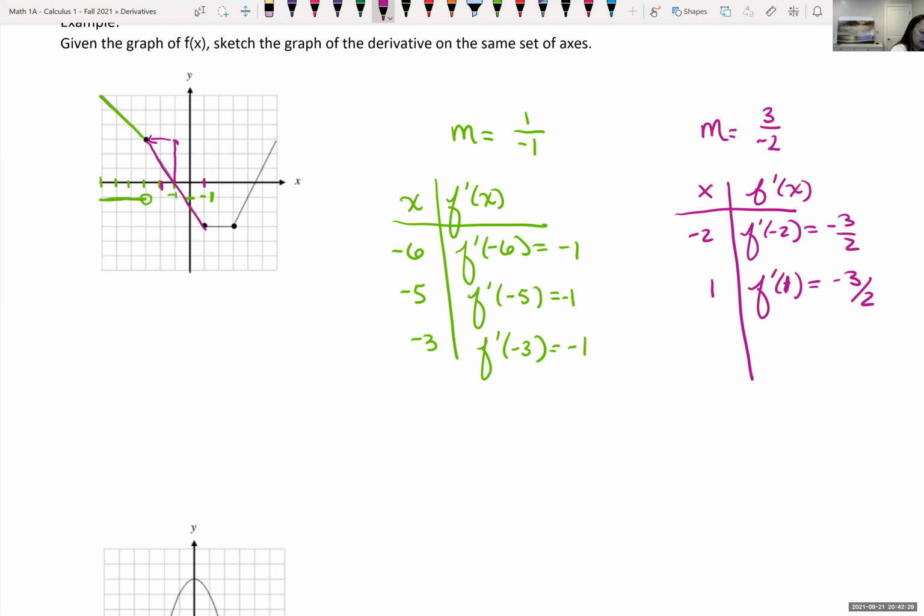So -3/2 is going to be about here. I'm going to go until I hit x equals -3, and I'm going to have an open circle there.